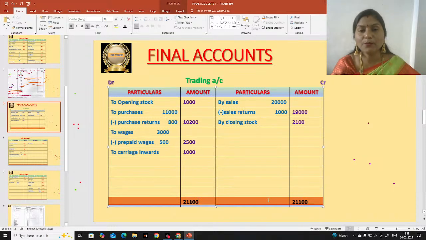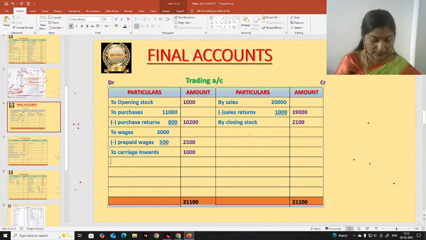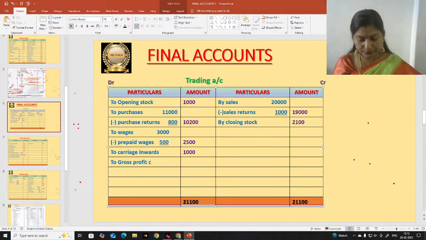Okay. And come to less amount side. Where we have less amount? Debit side. Let us go to debit side and we record answer. What is the answer that we are going to record here? Answer is gross profit. Gross profit carried down. How much? You deduct the total amounts. Debit side amount is 14,700. You deduct from 21,100.